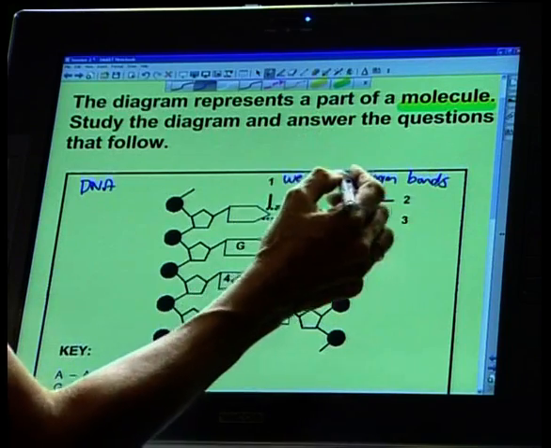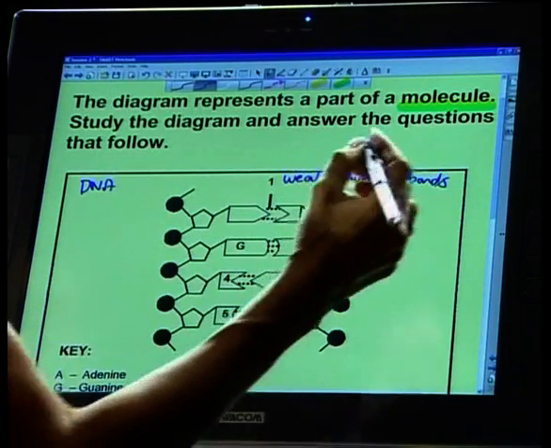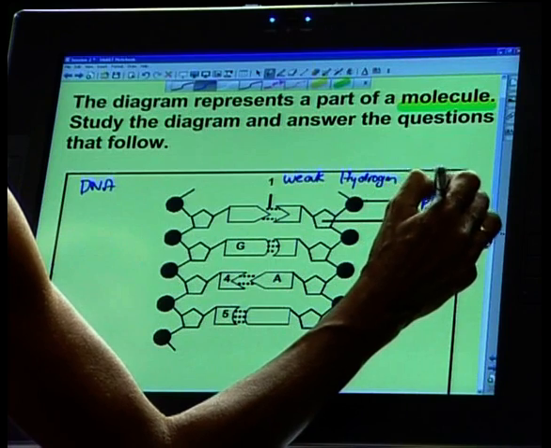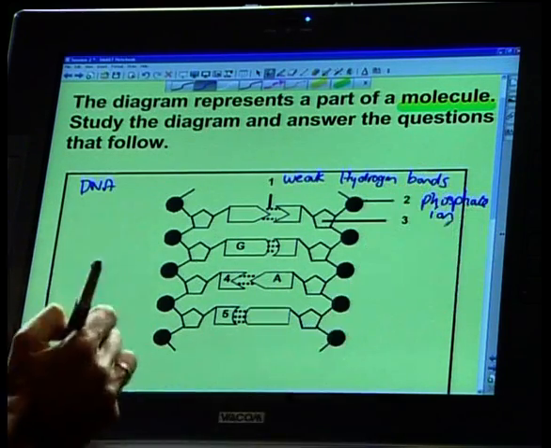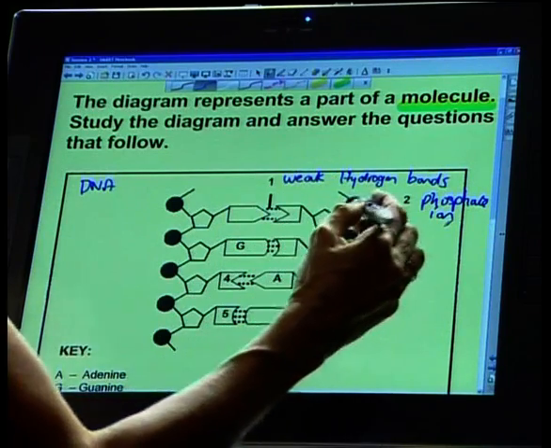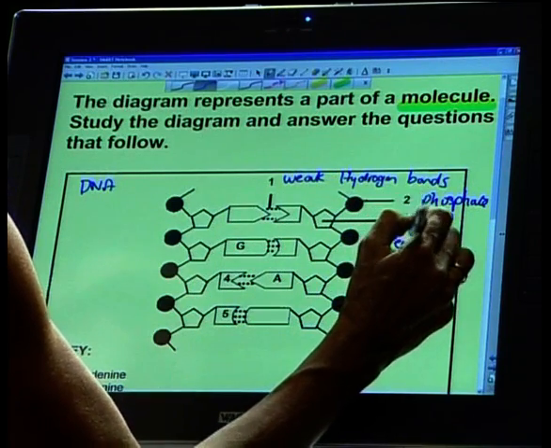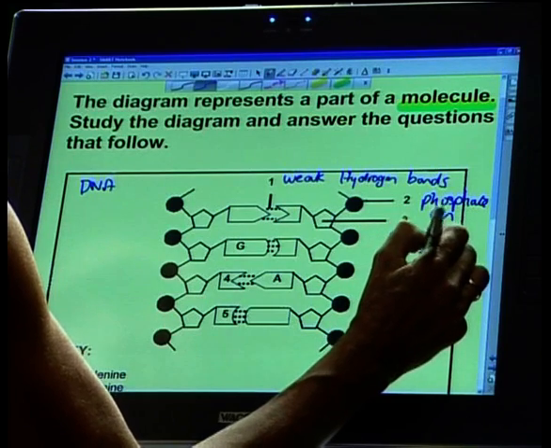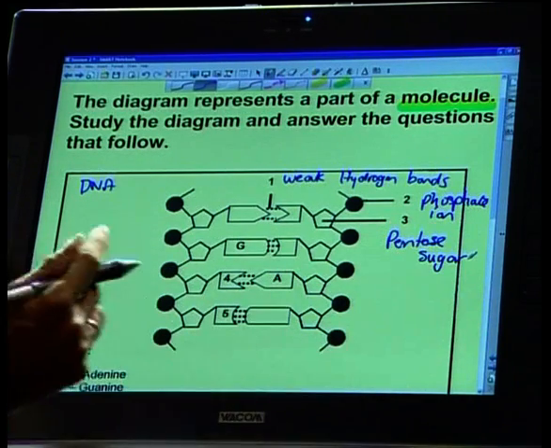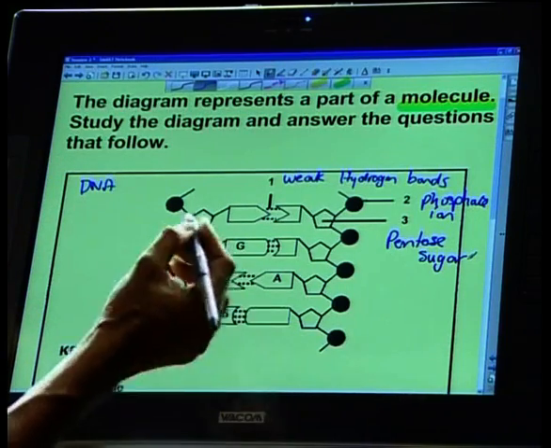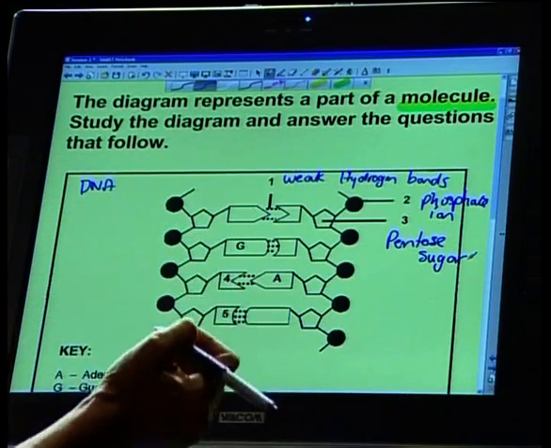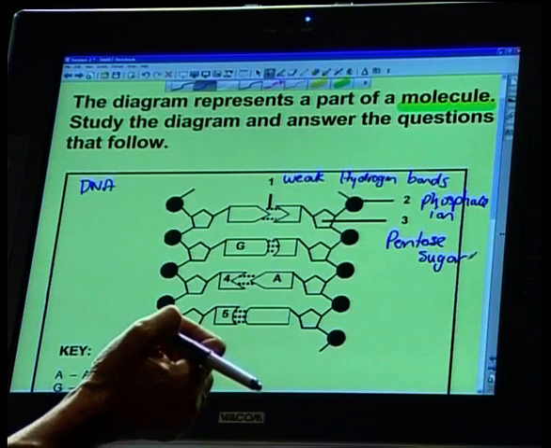Number 2 is the round thing. What are those round things? It's the phosphate ion. Number 3 is the pentose sugar. It's a 5-carbon sugar, pent 5. Now we've got number 4 and number 5. How do we know what this is?